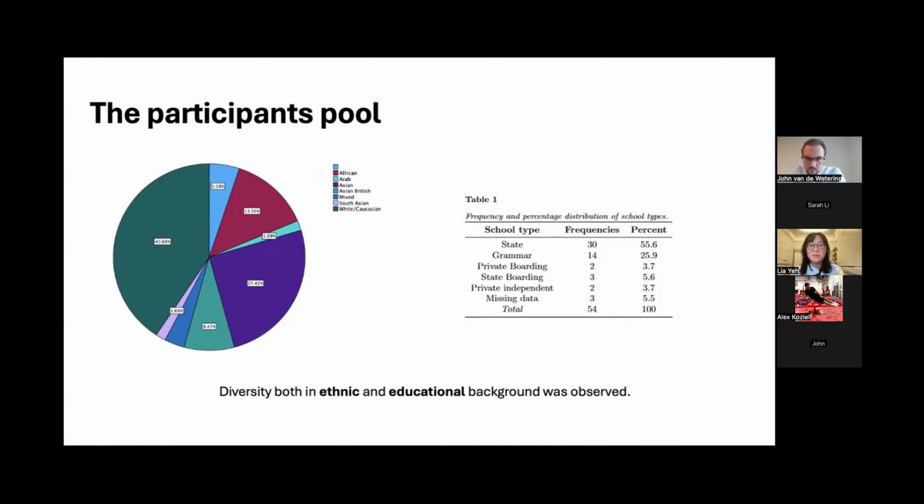It just means government-run, usual schools that students attend, the most common kind of school, so not privately run schools and not boarding schools. On the left-hand side, in the demographics, we can see that it's quite spread out, so we do have a very diverse ethnic makeup of the students in the course.